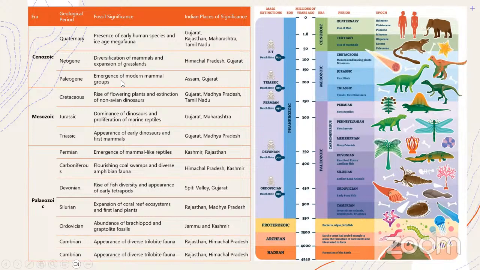And in the Paleogene, Neogene, and Quaternary periods of the Cenozoic era, emergence of modern mammal groups in Assam and Gujarat, diversification of mammals and expansion of grasslands in Himachal Pradesh and Gujarat regions, and presence of early human species and Ice Age megafauna, which we can find in the Gujarat, Rajasthan, Maharashtra, and Tamil Nadu states.